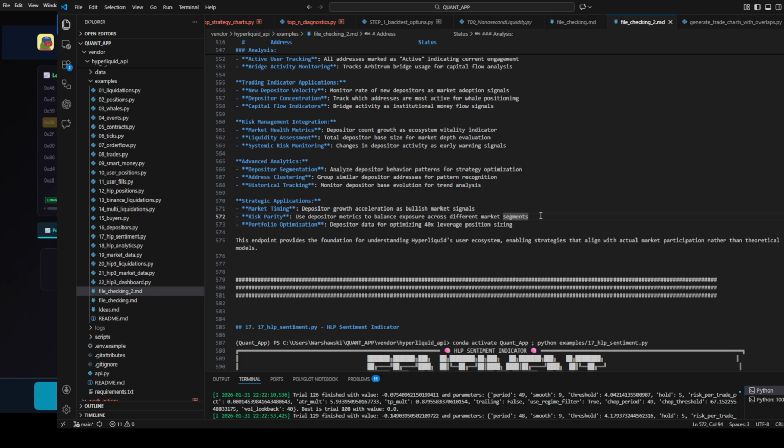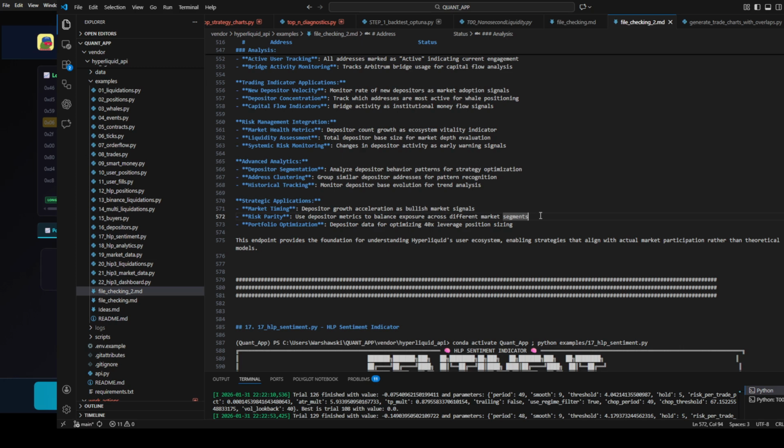So now the strategic applications. Market timing: depositor growth acceleration as bullish market signals. Risk parity: use depositor metrics to balance exposure across different market segments. Portfolio optimization: depositor data for optimizing 40x leverage position sizing.